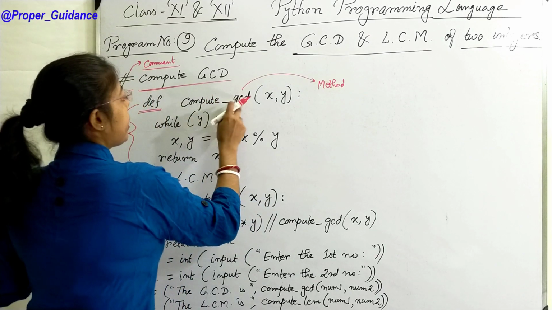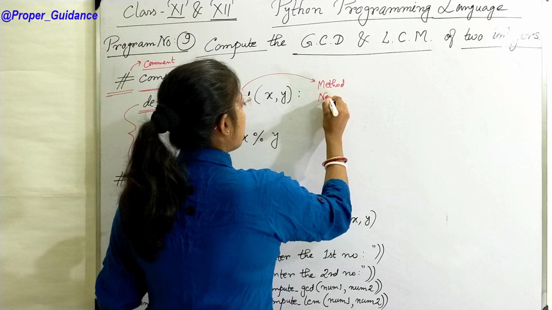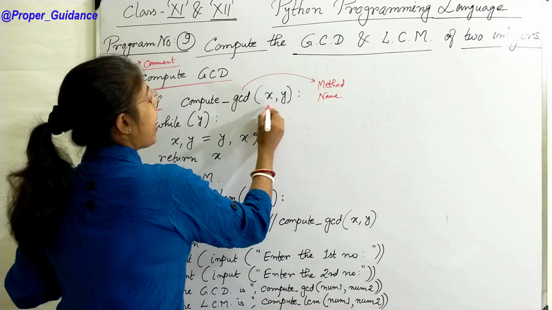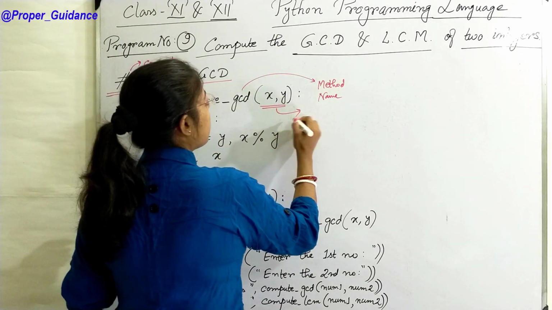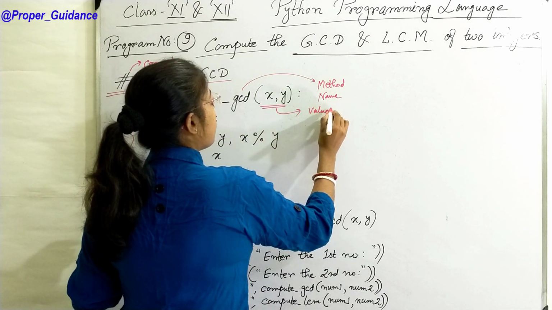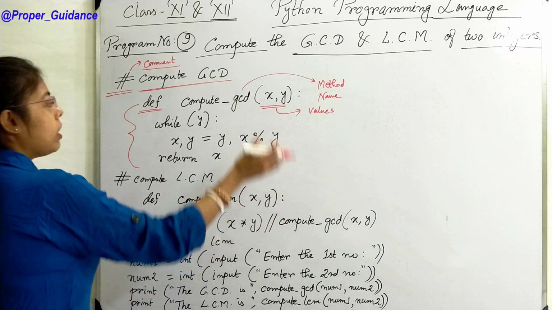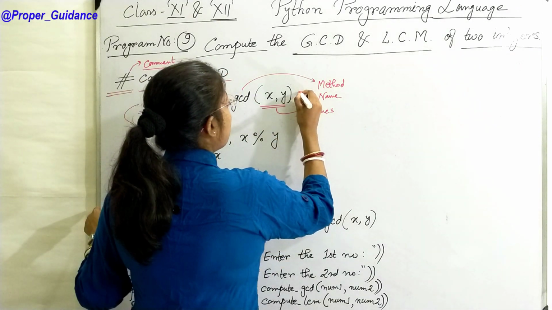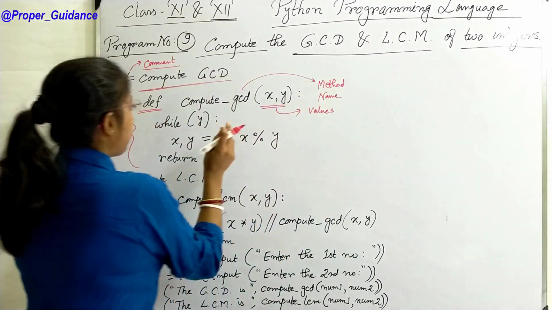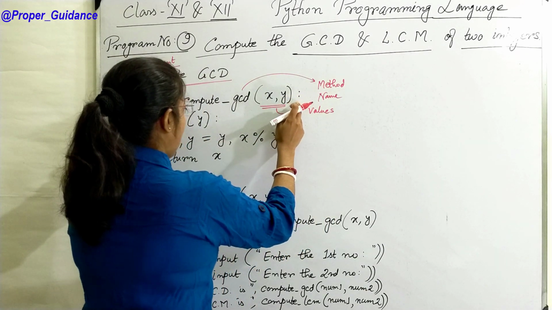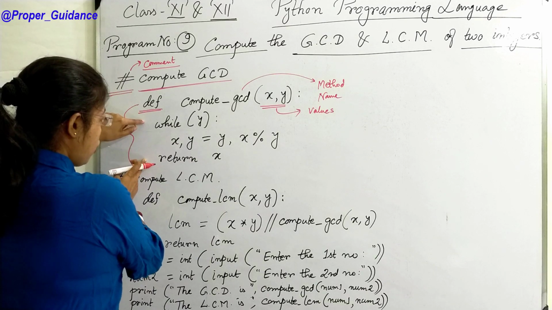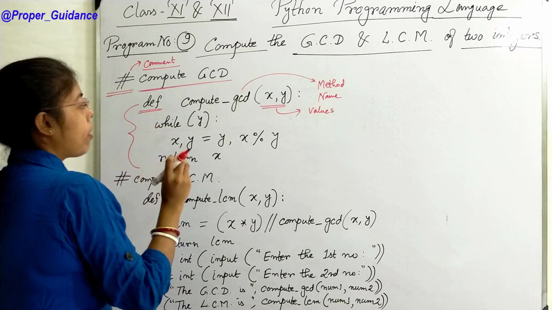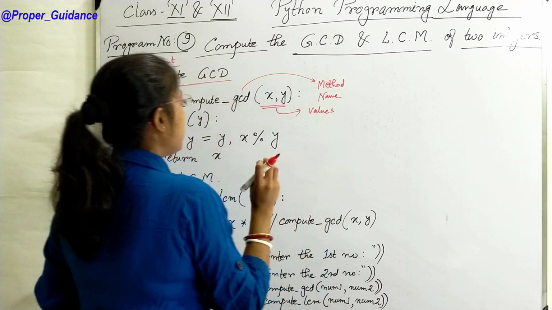This is the method name compute GCD, and these are the values passed in the particular method, followed by a colon. This is the complete syntax for how to write a function or method in Python.